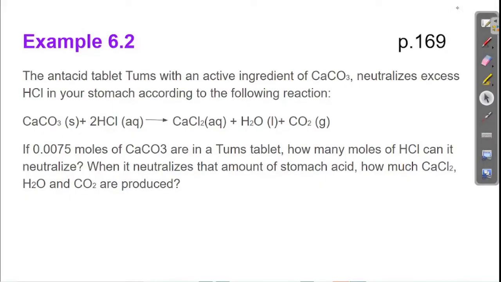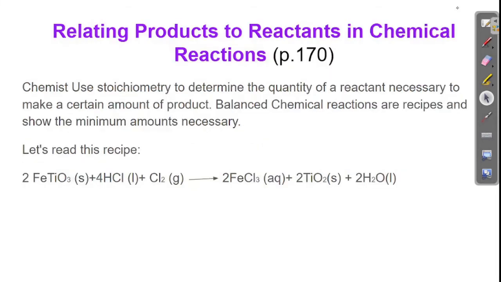But what we're doing, all these relating things inside the chemical equation, all the math we're doing, all of that is called stoichiometry. That's all it is. Stoichiometry is the math that you can do with a chemical equation to relate products with reactants. If you have the limiting reactant, to know how much product you can make, and so on. All of it is stoichiometry. So let's move to the next one.